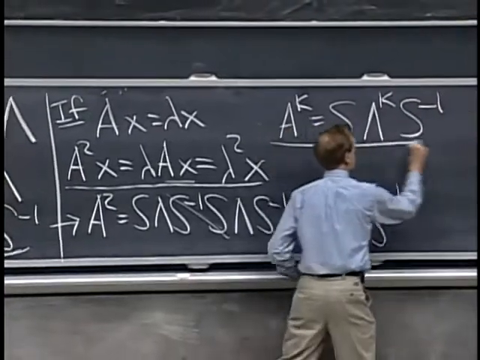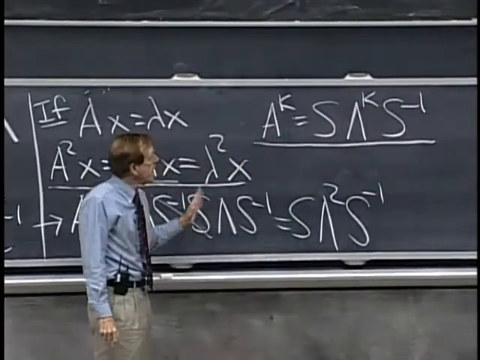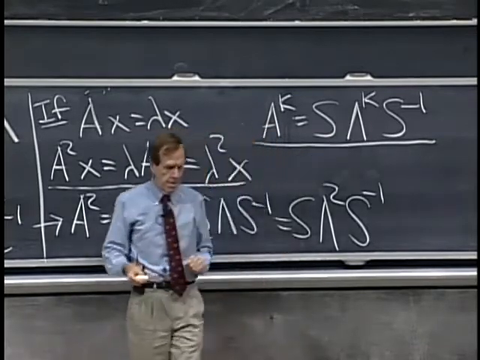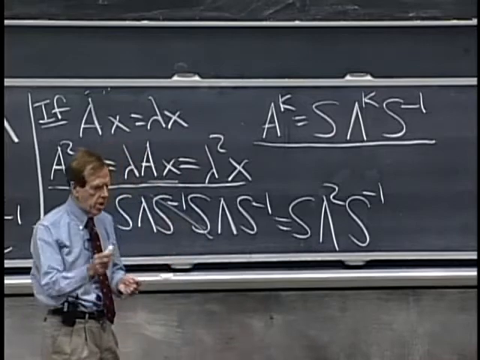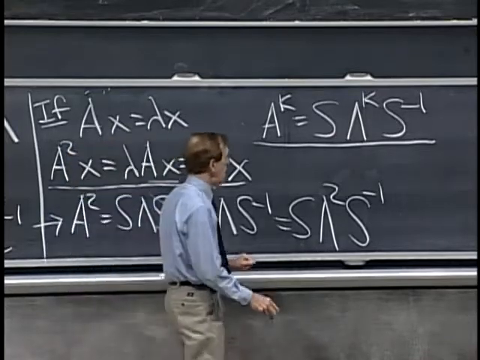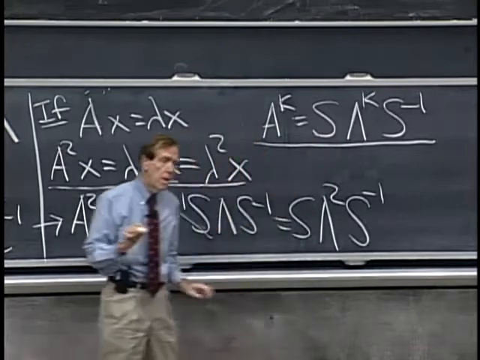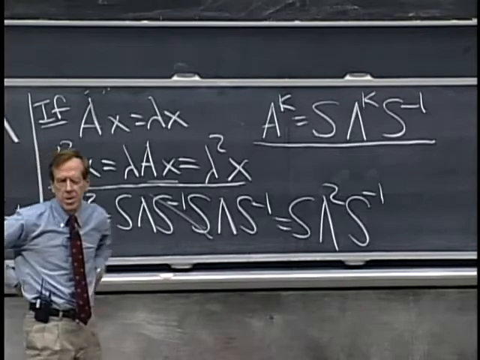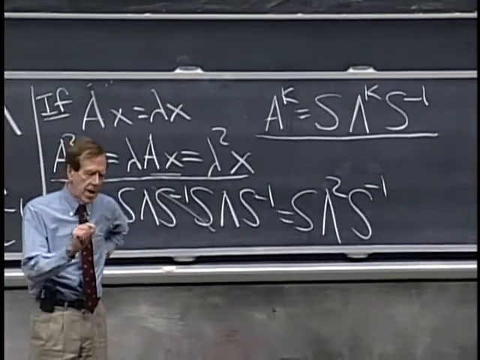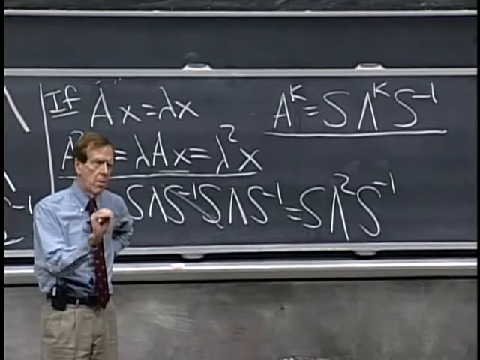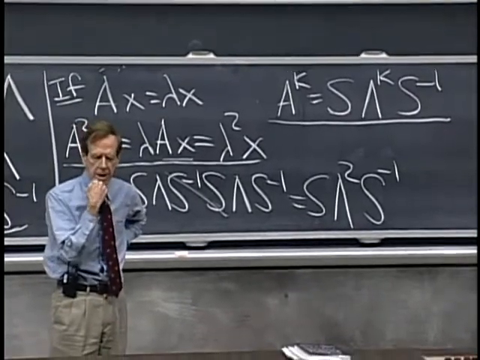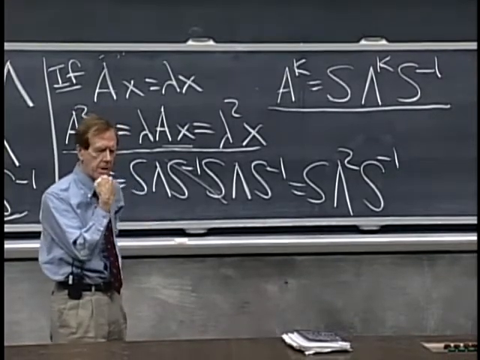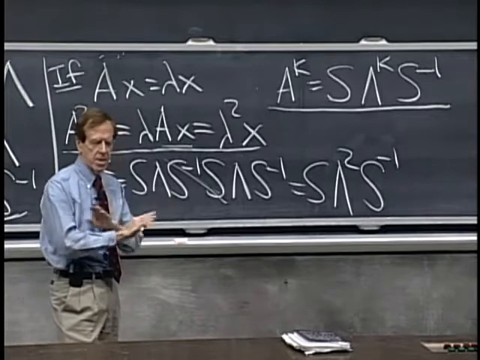So that's telling me that the eigenvalues of A to the kth power are the kth powers. The eigenvalues of A cubed are the cubes of the eigenvalues of A, and the eigenvectors are the same. In other words, eigenvalues and eigenvectors give a great way to understand the powers of a matrix. If I take the square of a matrix, or the 100th power of a matrix, the pivots are all over the place.